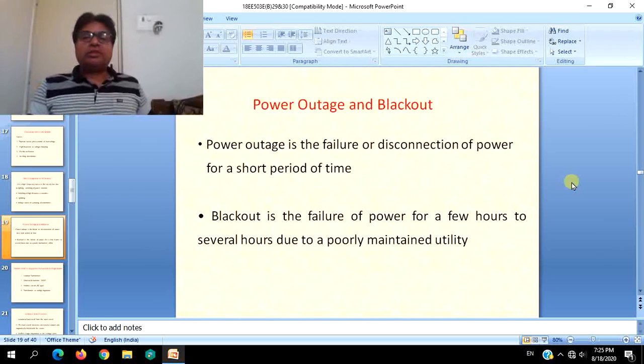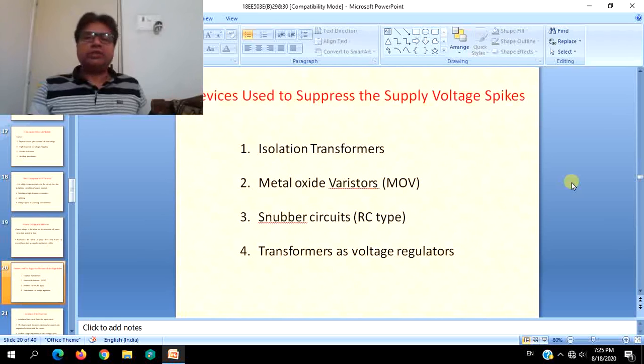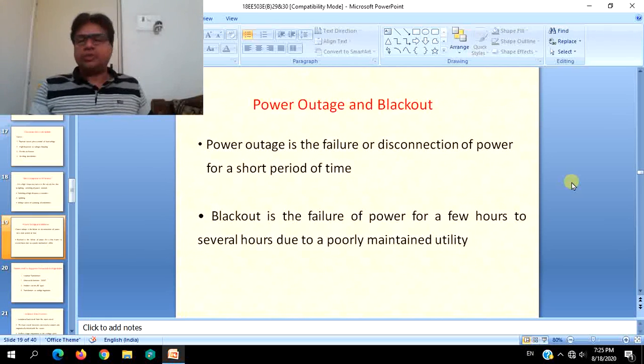Likewise, that is power outage, and if it is for a very long duration ranging from several hours to days, it is a blackout. So they were the main 7 disturbances which may occur to the supply voltage.